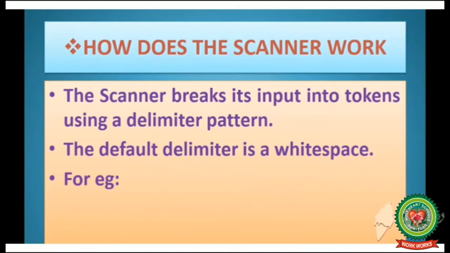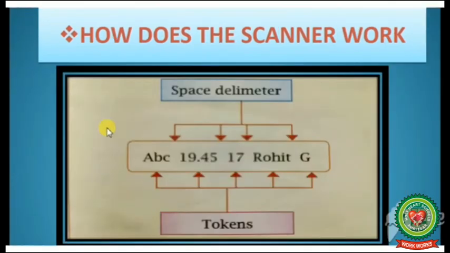For example, see in the figure, firstly we have entered data from the keyboard like ABC, string data, 19.45, float data, 17, integer data, Rohit, again string data, and G, a single character data, or you can say character data.